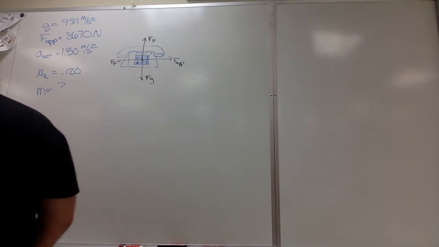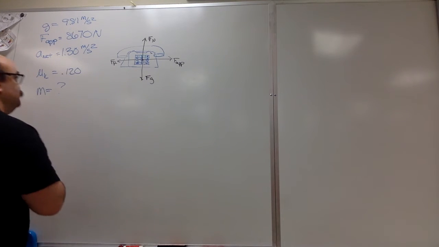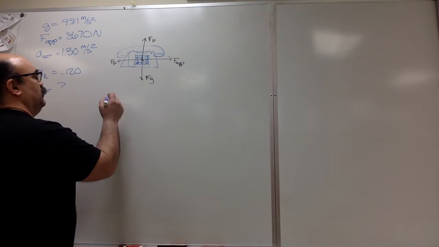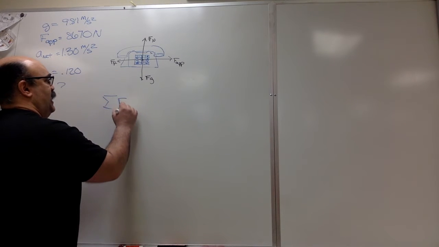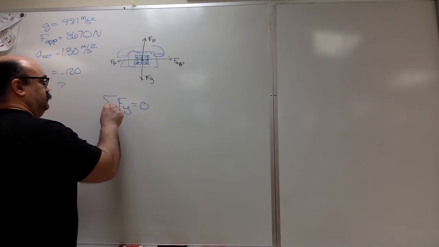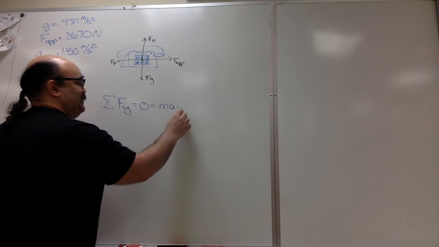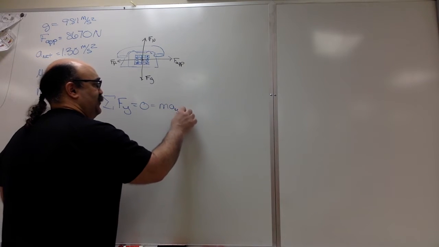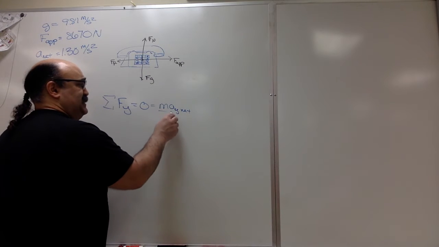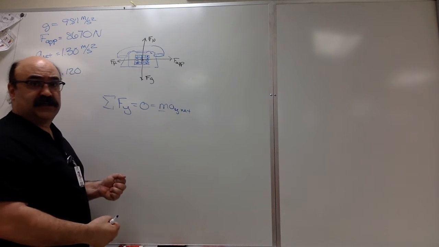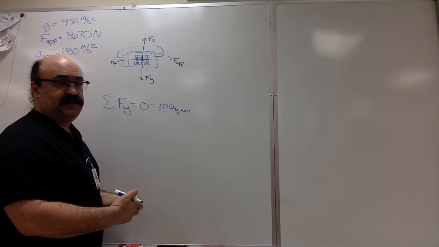Okay, looking at this, we're going to do the same thing we've done in the past. We have the sum of the forces in the y direction are 0. There is no acceleration in the y direction, but that's equal to mass times the net acceleration in the y direction. Well, mass is not 0, so the acceleration must be 0. What does the acceleration 0 mean again?